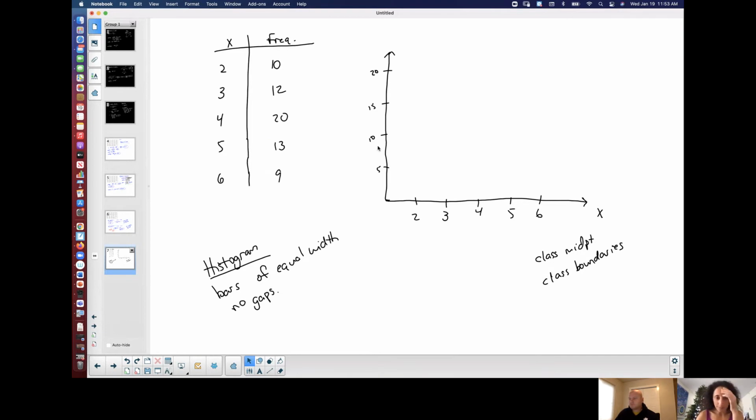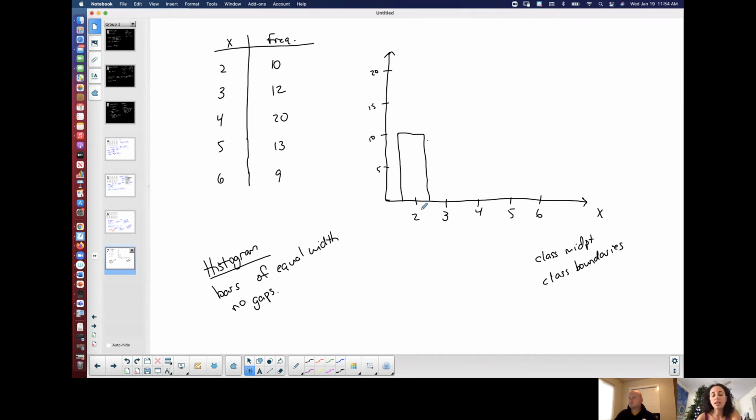All right, so my first bar is going to represent my first class, which has a frequency of 10, so I'm going to go up to 10. I'll have the center of this be 2, because this is not the class midpoint, but this is what it is for this particular case.